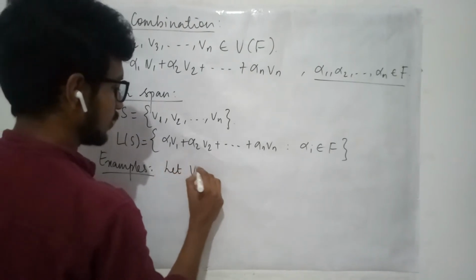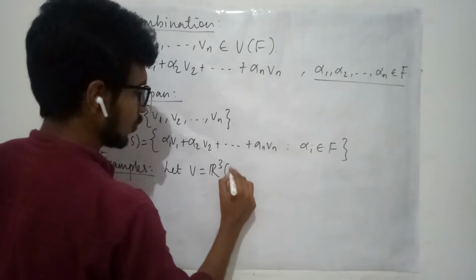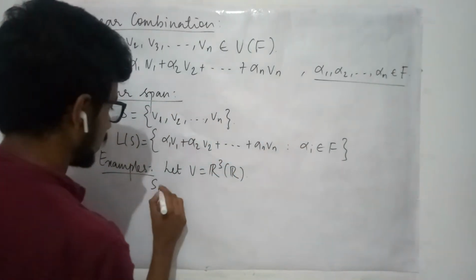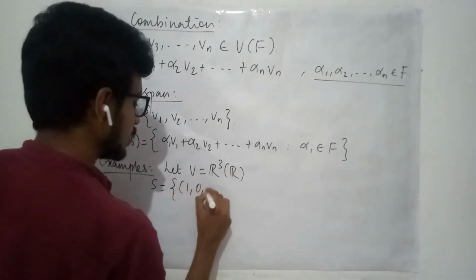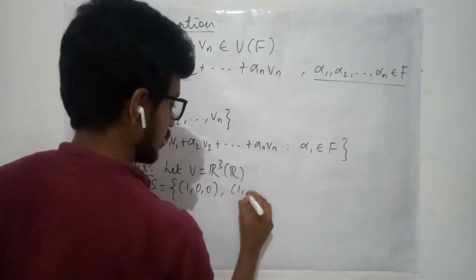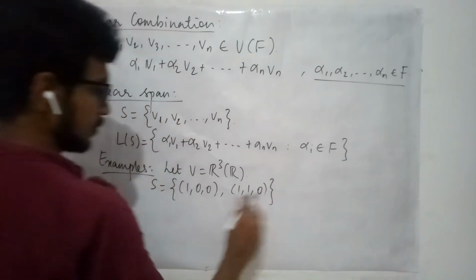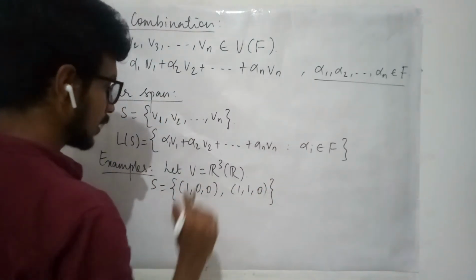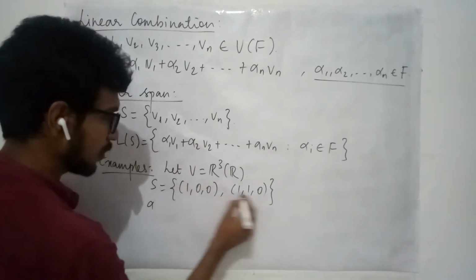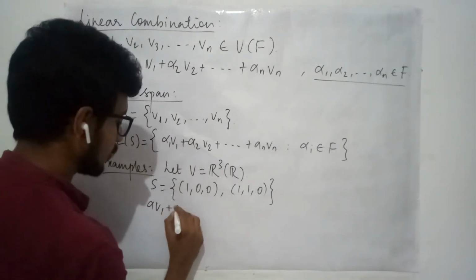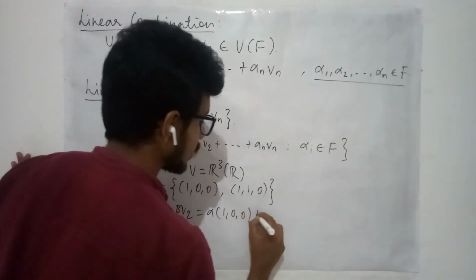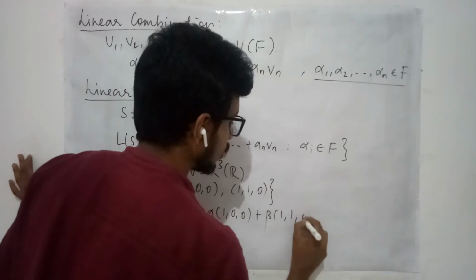Let us start with V to be R3 over R. Let me take my S to be (1, 0, 0) and (1, 1, 0). This is my V1 and V2. Say alpha V1 plus beta V2 is going to be alpha times (1, 0, 0) plus beta times (1, 1, 0).